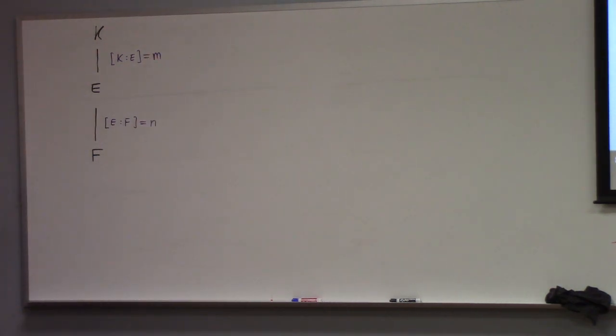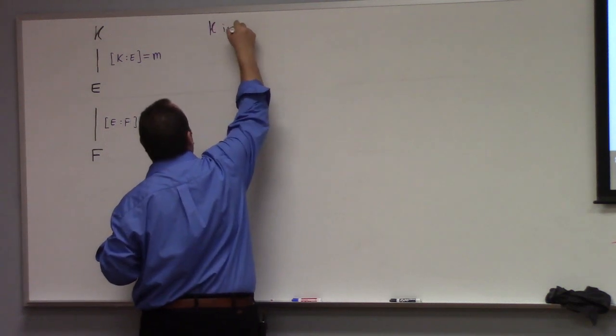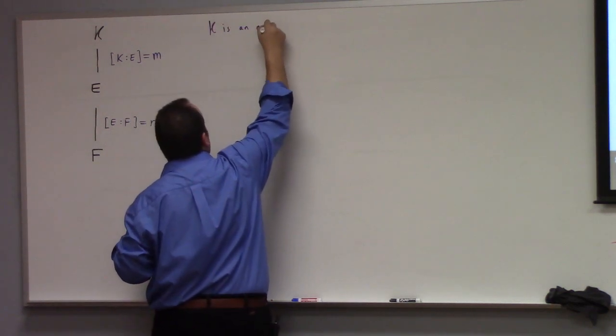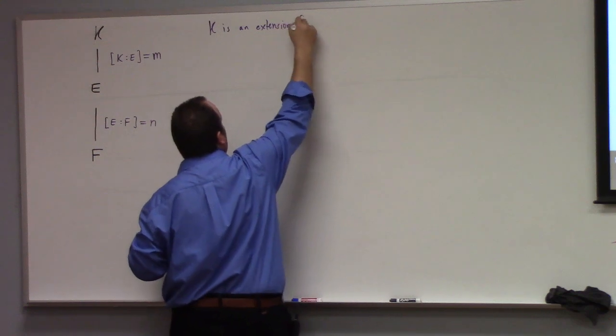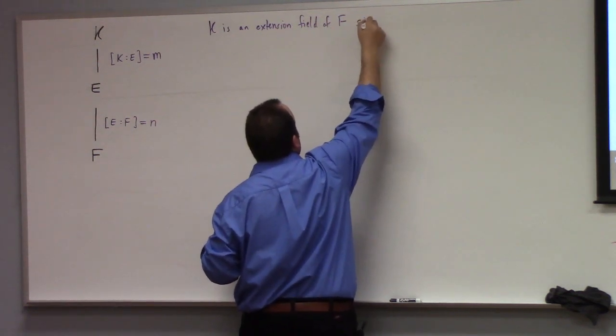So what that means, first of all, is the extension of an extension is an extension. What does it take to be an extension field? Why is K an extension over F? It's very simple.